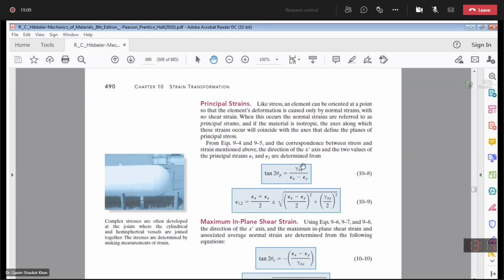So that equation is tan 2 theta p equal to gamma xy over epsilon x minus epsilon y.